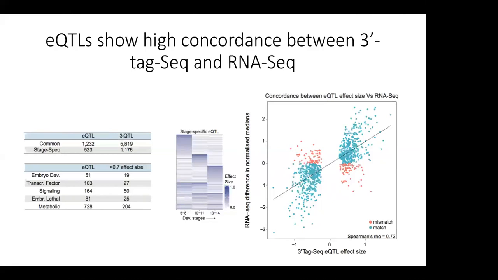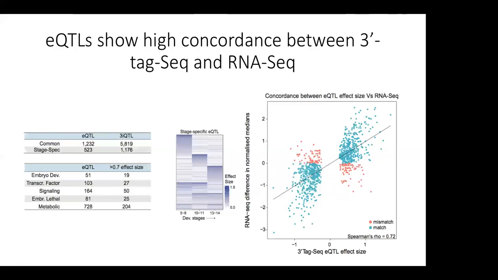So what we did is sequence 22 of these lines at the 10 to 12 time point, the latest, and we did RNA-Seq on them, and we compared the difference in normalized mean RNA-Seq level per genotype with the effect size that we called in the 3' Tag-Seq.